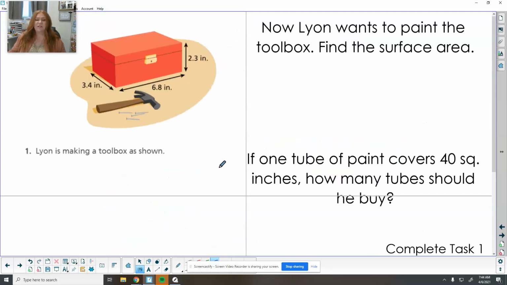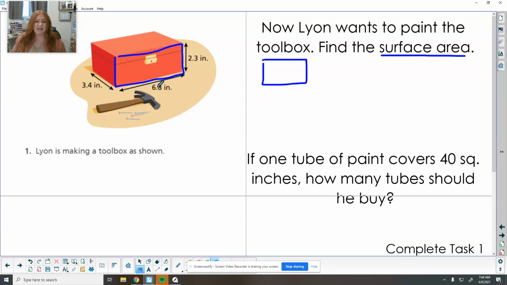So now he wants to paint his toolbox. So he knows how much he can fit inside. Now he wants to paint the outside of the toolbox. So that means we need to find the surface area. So what we're going to do is find the front dimensions.